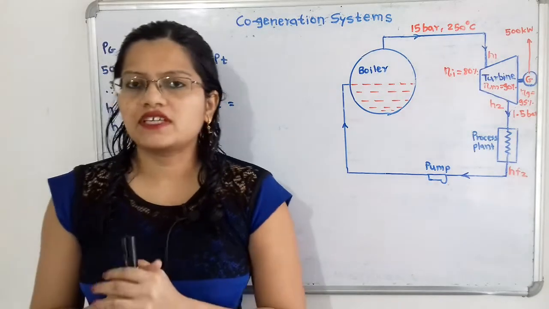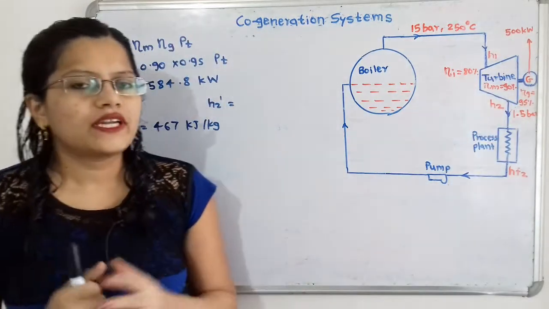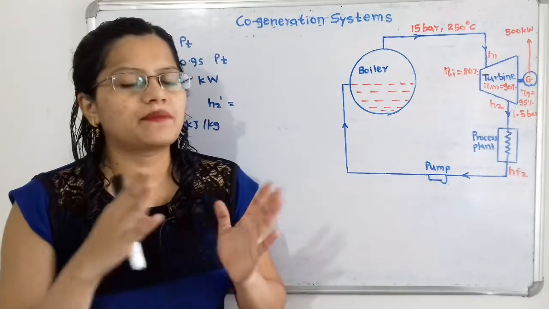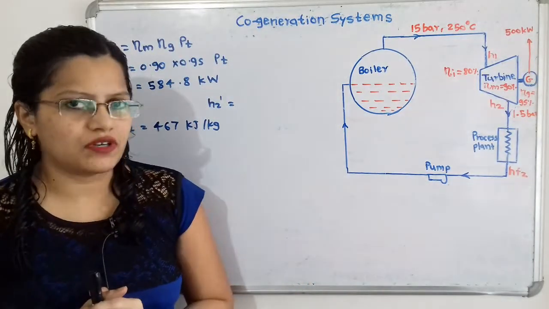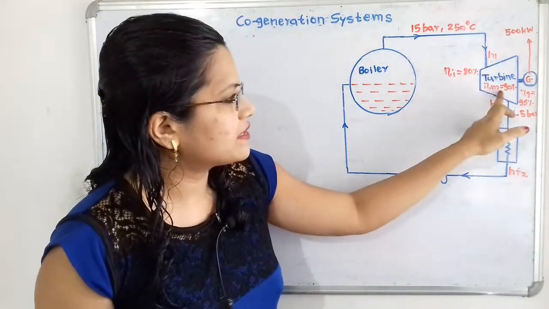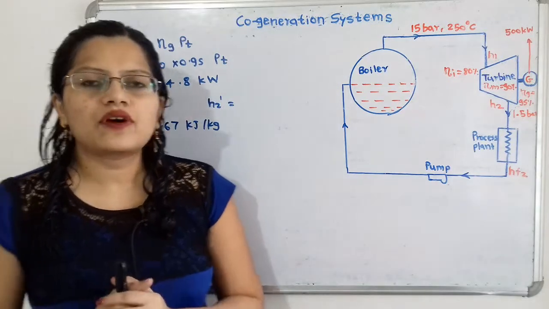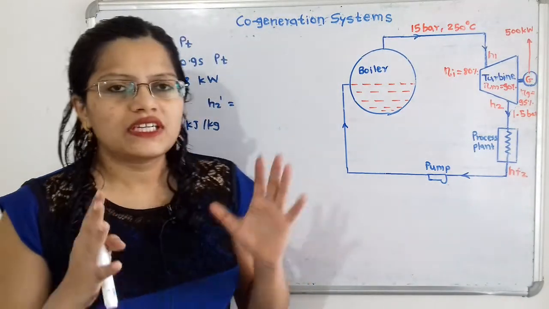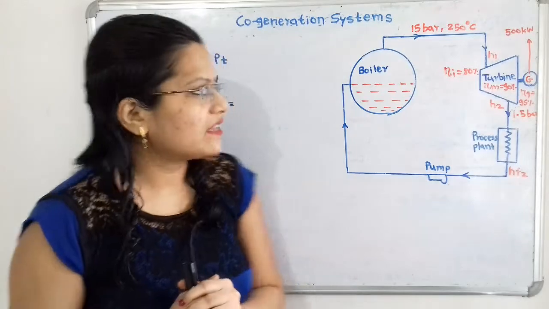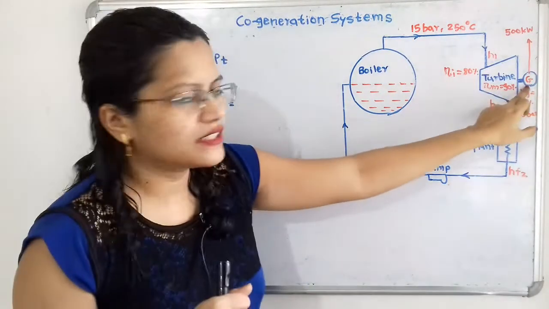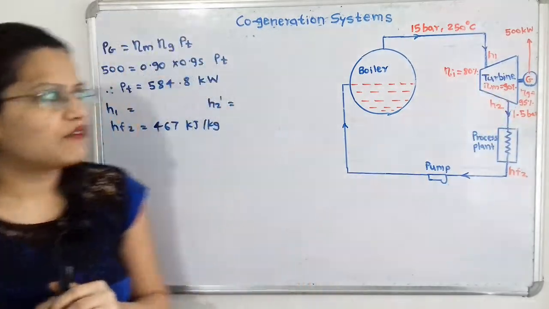Let us first understand the relation between the power developed by the turbine and the power developed by the generator. In the turbine there are mechanical parts which convert mechanical energy, and in the generator electrical power is getting developed. Efficiency of the mechanical part is given as 90% and generator efficiency is 95%. We have to consider both these efficiencies when we take the relation between the power developed by the turbine and the power developed by the generator. So the power developed by the generator is equal to mechanical efficiency multiplied by generator efficiency multiplied by the power developed by the turbine.